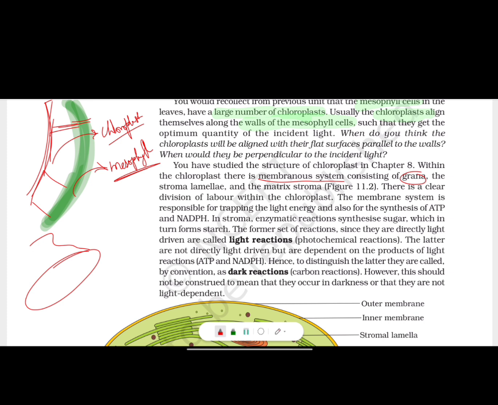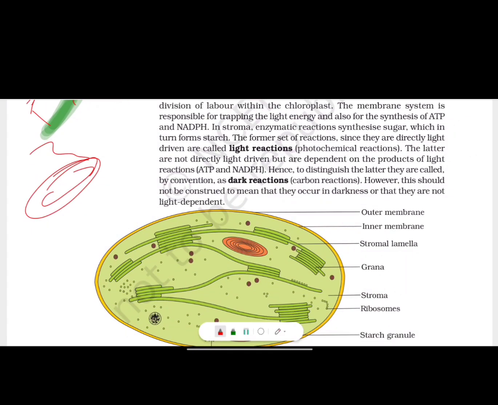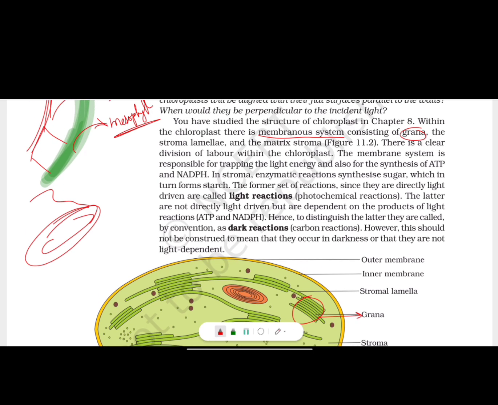It has a membranous system, and it also has grana. Here we are calling this structure grana, the stromal lamellae and the matrix stroma. There is a clear division of labor within the chloroplast.